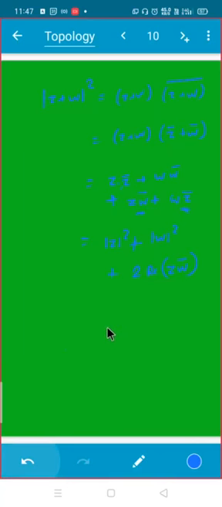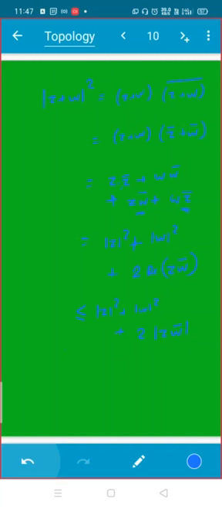Yes? What next? The real part of ZW bar is less than or equal to mod of ZW bar. Exactly, very good. So this thing is less than equal to mod z square plus mod w square plus I can write 2 times mod of zw bar. What next?